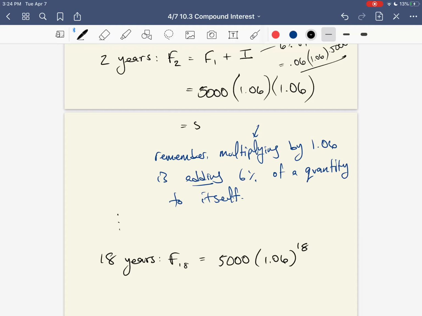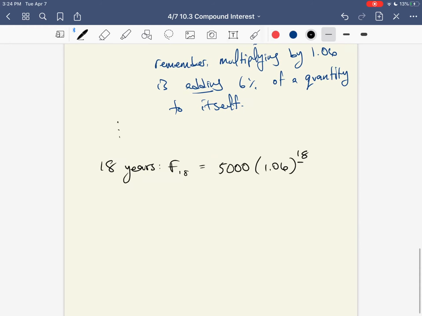And here, we're raising it to the 18th power, because this is really like 5,000 times 1.06 times 1.06 times 1.06, 18 times. So that's really what's going on here.